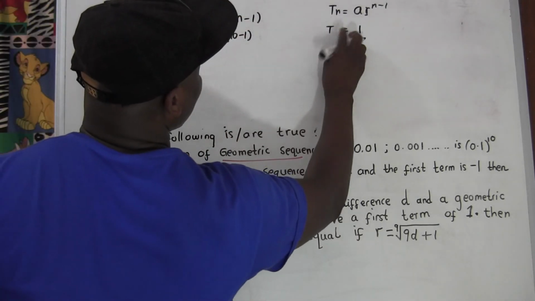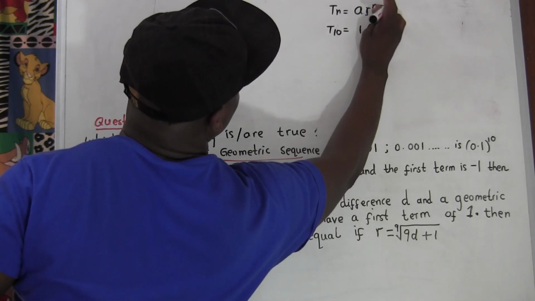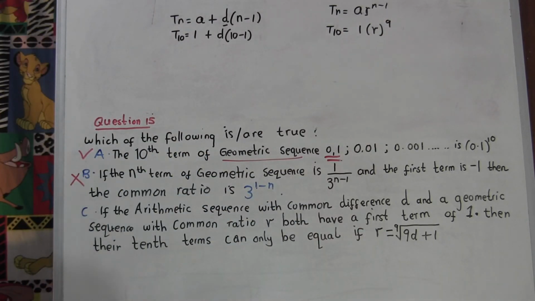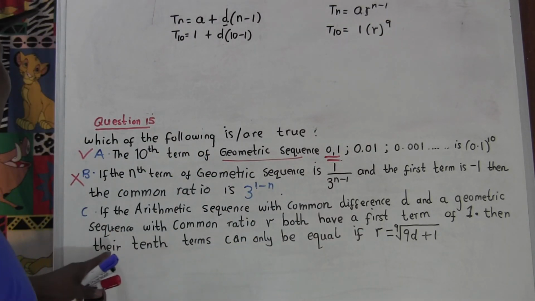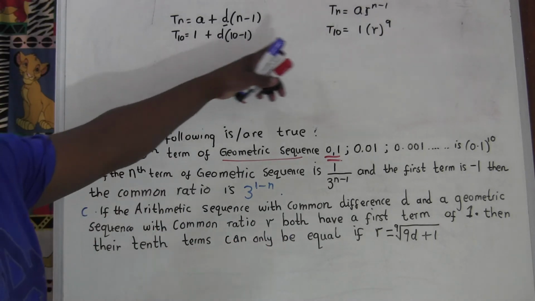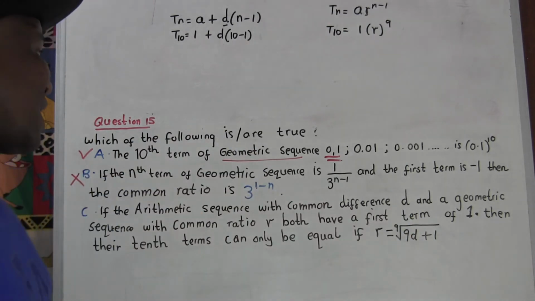And here is going to be 1, and then our common ratio we don't know, to the power 10 minus 1, equal to 9. What do they want? They say when they have a T10 and T10, you can equate. And then when you equate, you make r the subject to see if it's going to give us that.